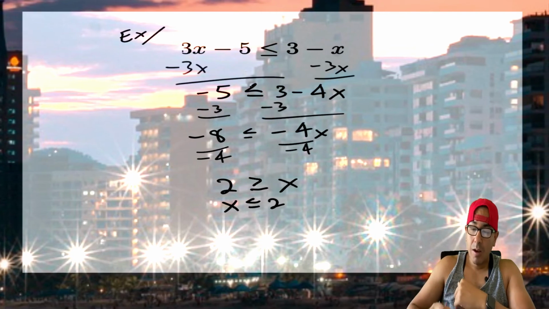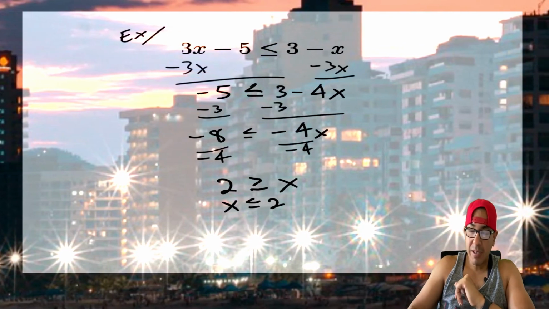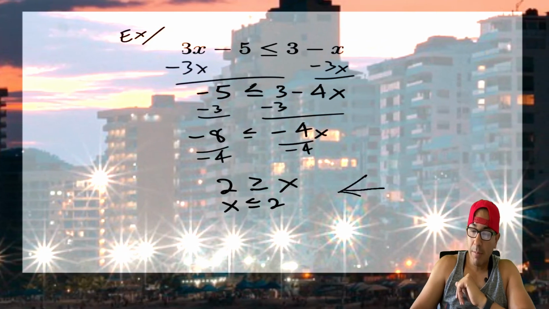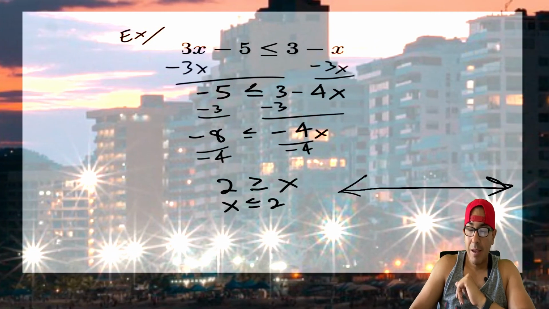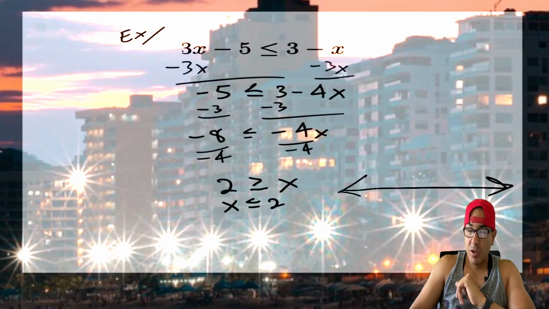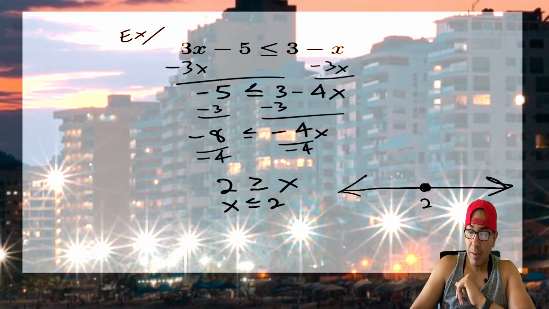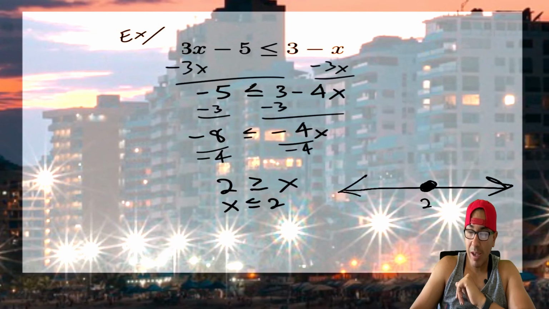All right. Why did I even do that? Well, let's pretend that I don't have this right here. When I'm looking at my graph on the number line, we're looking at 2. So let me put 2 here, and 2 is greater than or equal to x.